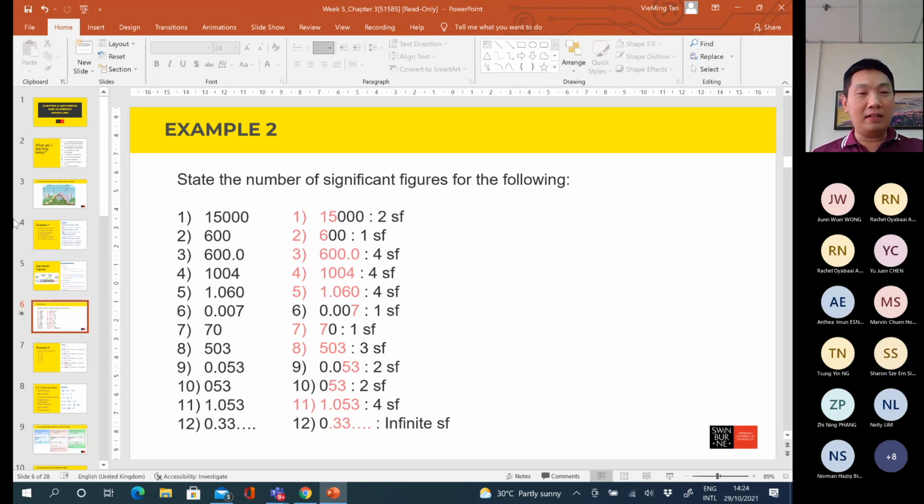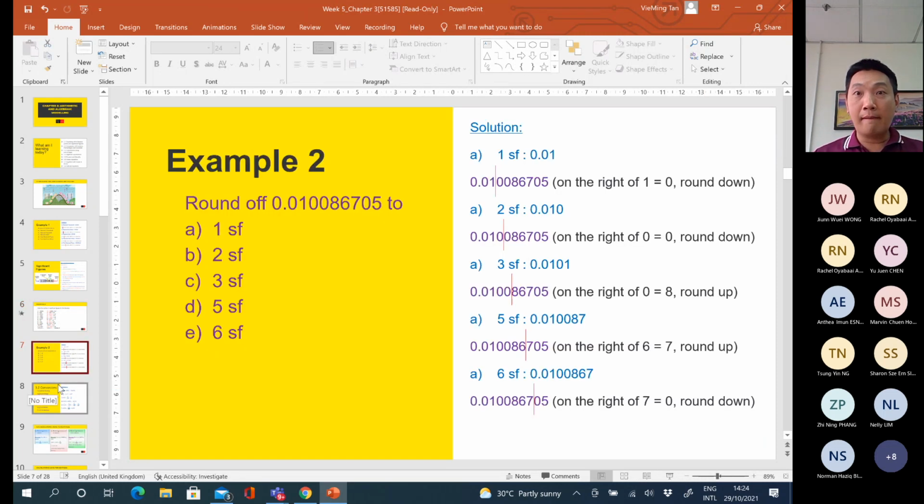All right, then next we'll move on to how to round a number into different levels of significant figures. Let us see one example here. Let's say we have this number 0.010086705. Now if we want to round this number to one significant figure, we need to check first which digit is the first significant figure.